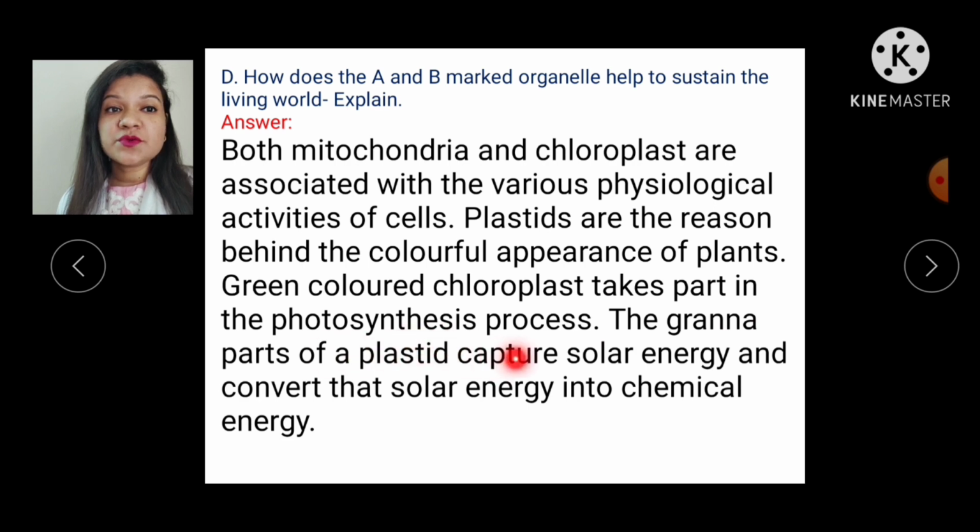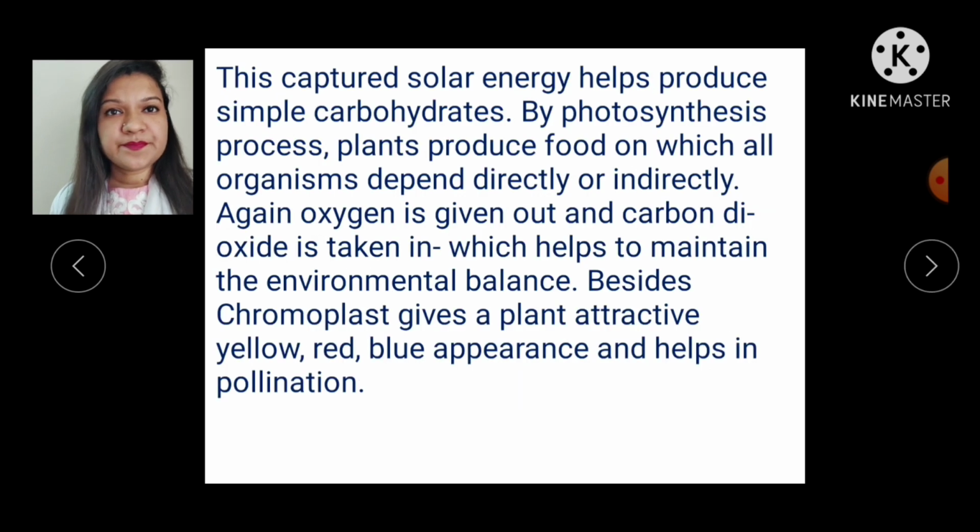The grana parts of plastid capture solar energy and convert that solar energy into chemical energy. This captured solar energy helps produce simple carbohydrates. By the photosynthesis process, plants produce food on which all living organisms depend directly or indirectly.